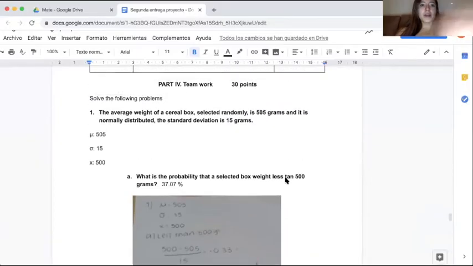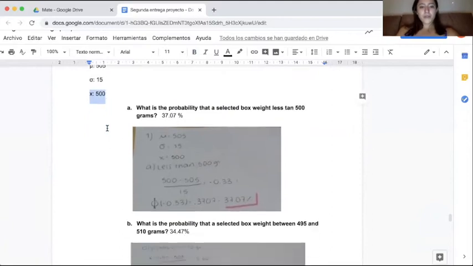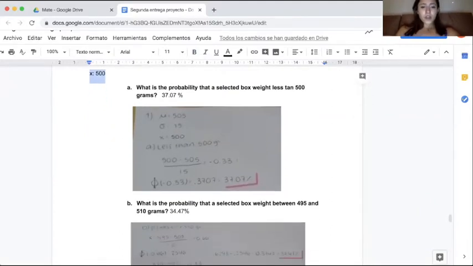So now I'm going to explain part 4 of the teamwork. In these problems, we have to solve for the question that's asked. Letter A asks us, what is the probability that the selected box weighs less than 500 grams? We have that the mean is 505, the standard deviation is 15, and our x is 500. The formula is x minus the mean over the standard deviation.